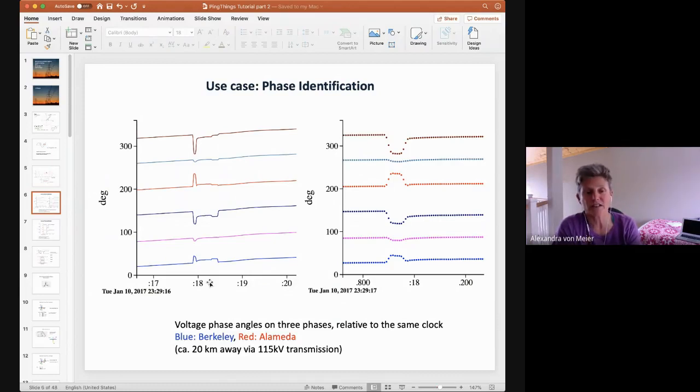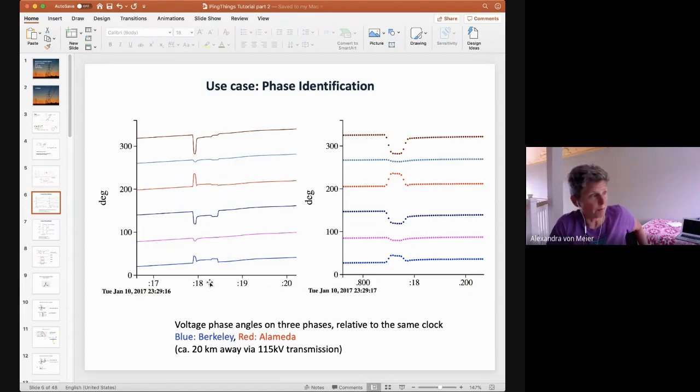Here we're interested in just the disturbances to the angle, because in this picture, I took the screenshot because I wanted to show that this allows me to figure out which phases A, B, and C are matched to each other at different locations. If I were to call up PG&E and ask them, they wouldn't be able to tell me because their phase labeling is awful, like many other utilities.